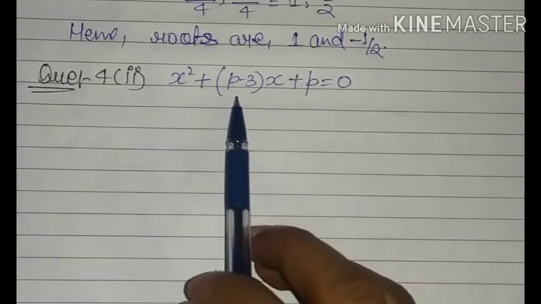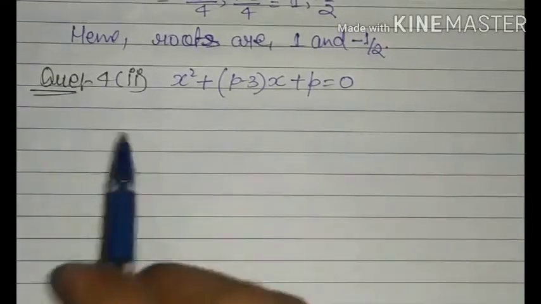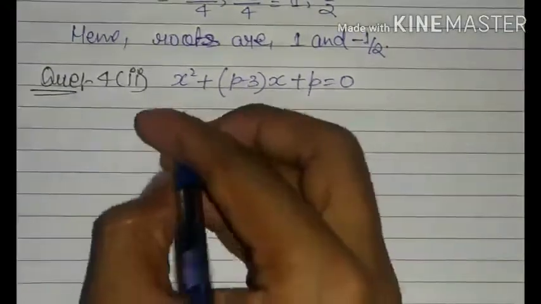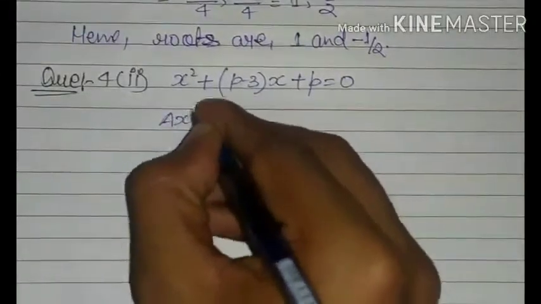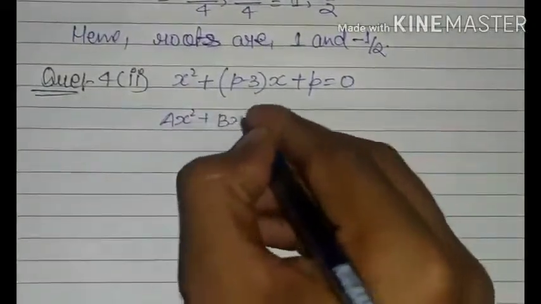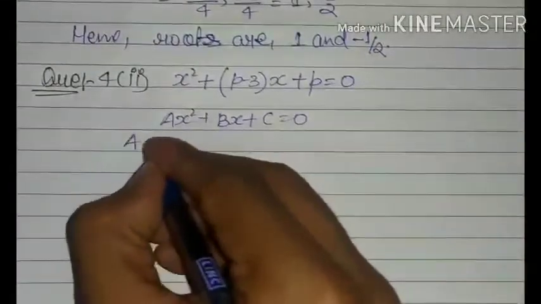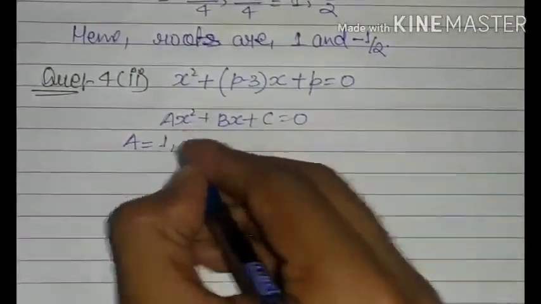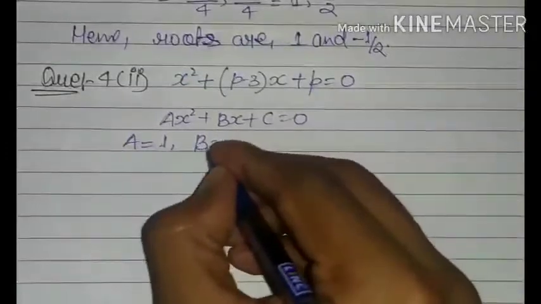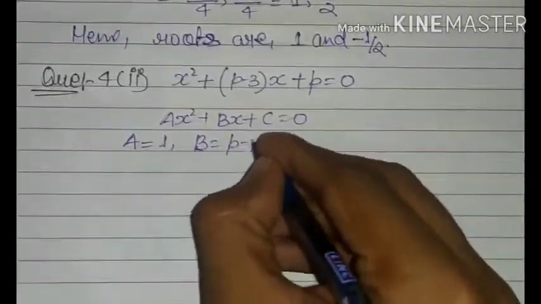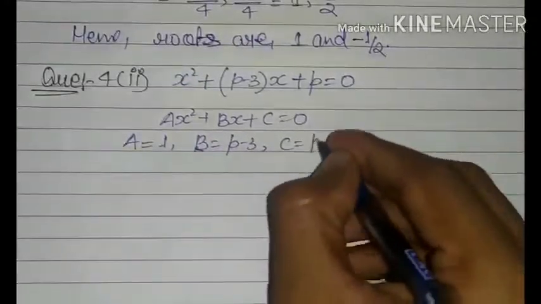Okay, I am going to compare the given quadratic equation with the standard quadratic equation ax² + bx + c = 0. Then we get a = 1, b = p − 3, and c = p.